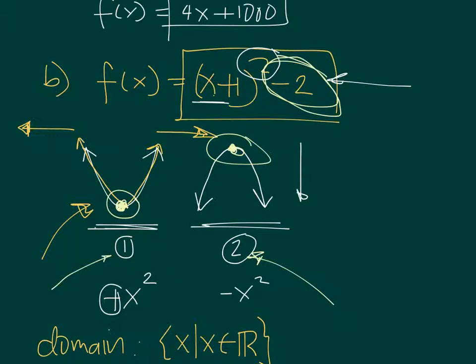Okay? Now, since this is a positive (x plus 1) squared, the graph is following this orientation. So the value of y is always bigger than or equal to that number, and that number is -2.